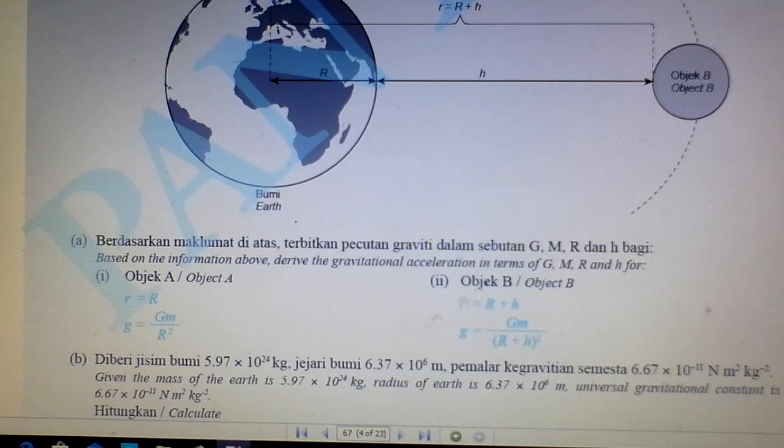So r is equivalent to R plus h, and we get g equivalent to G M, with capital M the mass of the Earth, divided by R plus h squared. So we get small g derived in terms of capital G, capital M, capital R and h.